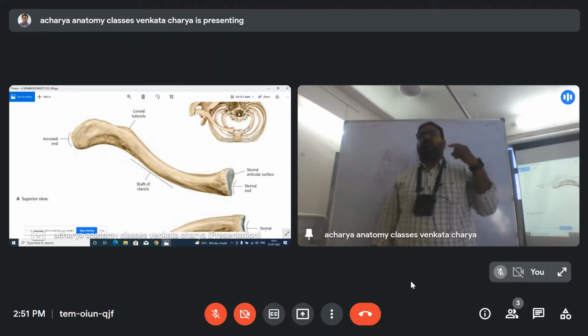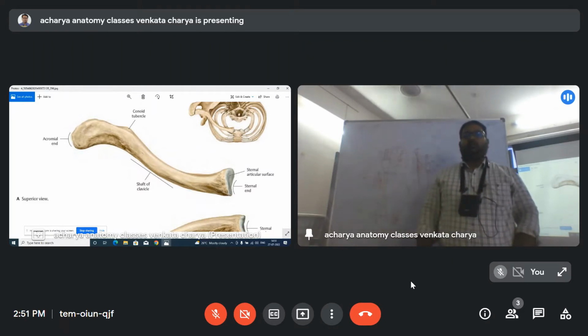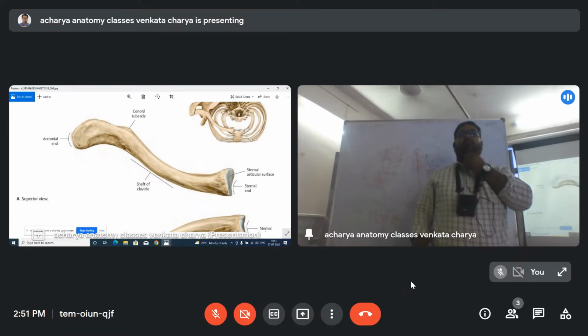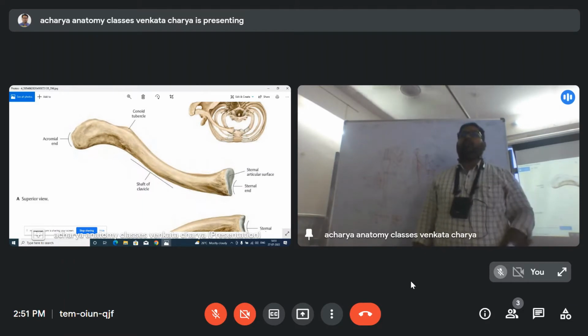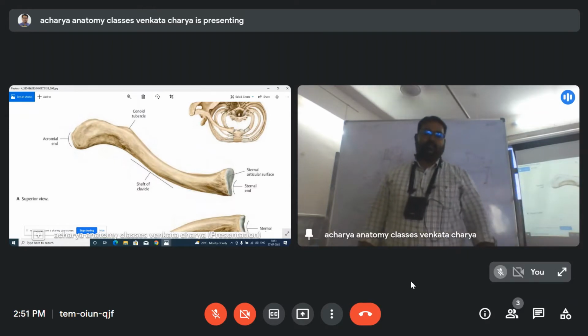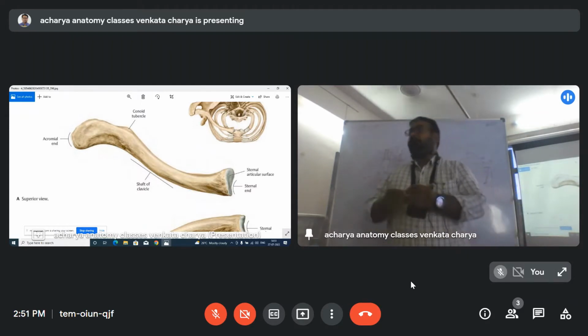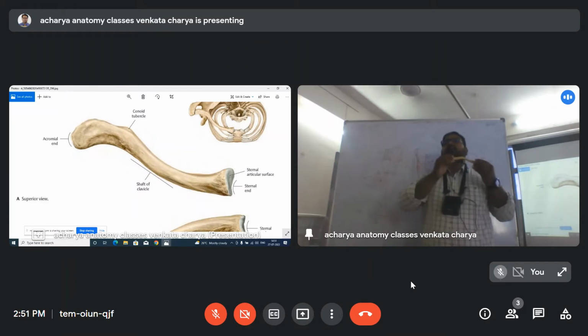Okay. So now we discuss the clavicle. First, side determination points of the clavicle. See here. Medial end is a quadrilateral end which faces medially.